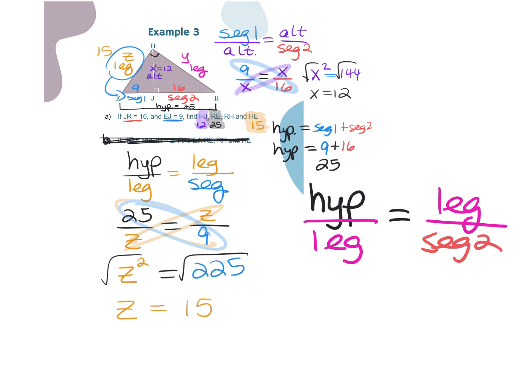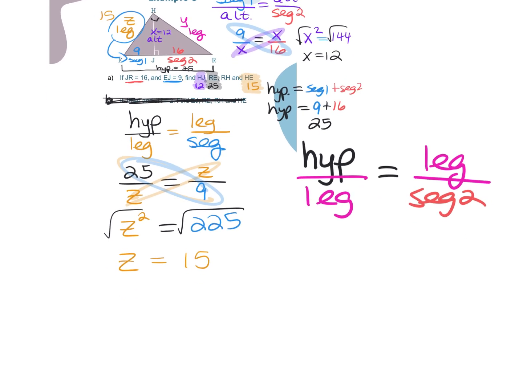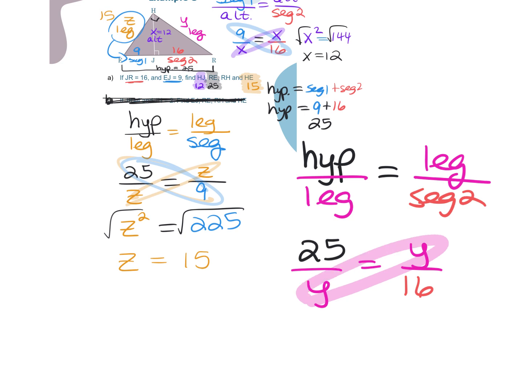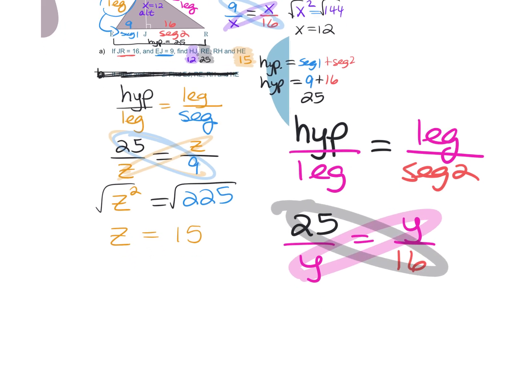So let's fill in what we know. We know the hypotenuse. We don't know the leg length, it's y. And we know segment 2 from the beginning, that was 16. Now I'll cross multiply, y times y, and then 25 times 16.